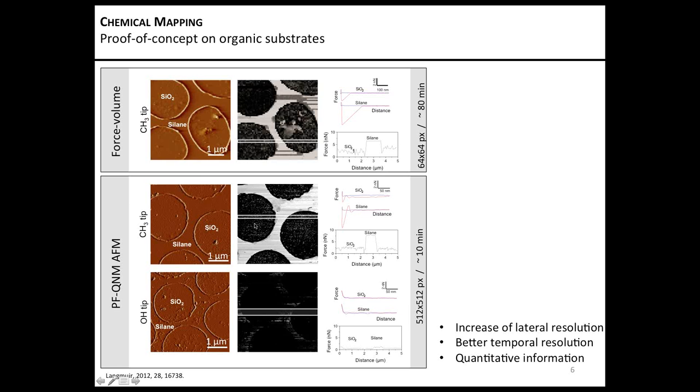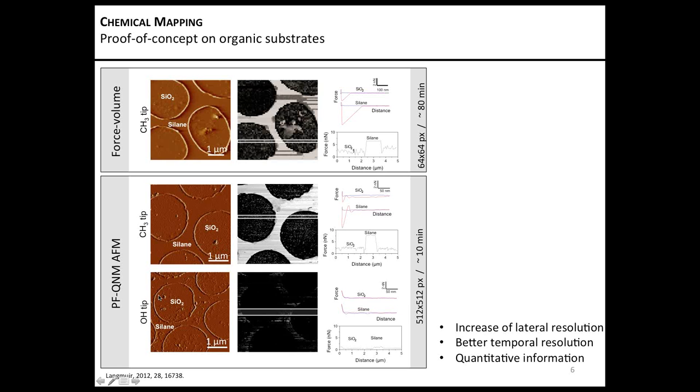In this case, the topography and the adhesion image are recorded at the same time, and it takes around 10 minutes to record 512 by 512 maps. And we found that the adhesion values for the silane and the silicon oxide are quite similar, around 7 and 2 for the silane and the silicon respectively. Which means that this method is very quantitative, and we can trust the adhesion values that we acquire.